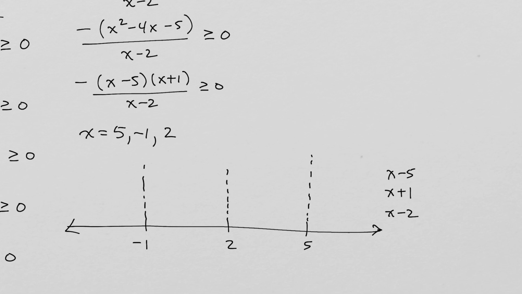And then we're going to decide whether those factors are positive or negative on each of these intervals, just like we have in the previous problems. However, remember you had a negative sign here, and that negative sign is a negative 1, and that is one of our factors. So we have to take that into consideration. Okay, let's go ahead and fill in all the signs to determine where each of these is positive or negative.